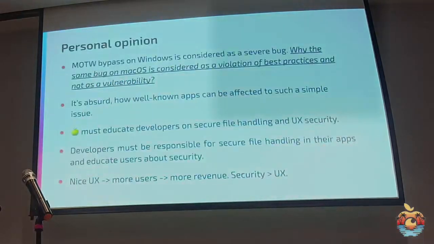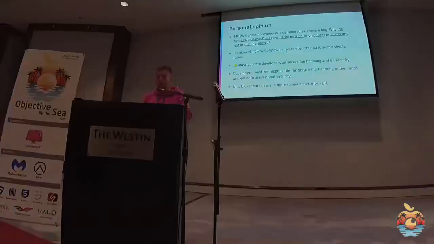My personal opinion regarding this research: mark of the web bypass on Windows is always considered a severe bug, even if Windows has more than 100 potentially harmful file types. I don't understand why the same bug on macOS is considered only as a violation of best practices and not as a vulnerability. It's actually absurd why so many well-known apps like WhatsApp, Telegram, and so on are affected by such a simple issue.